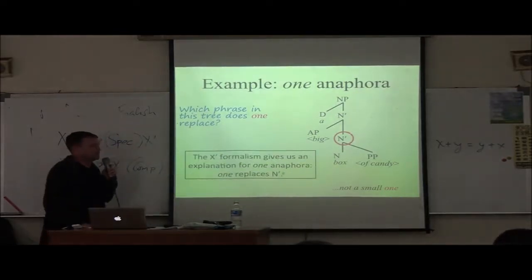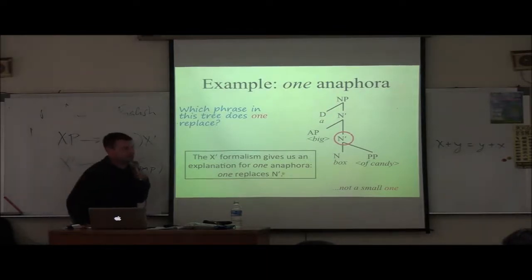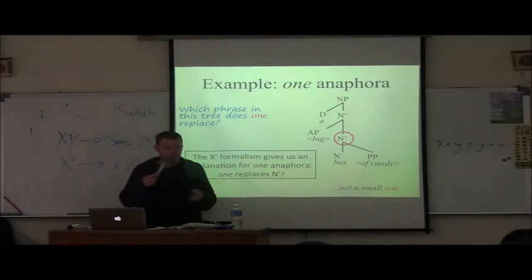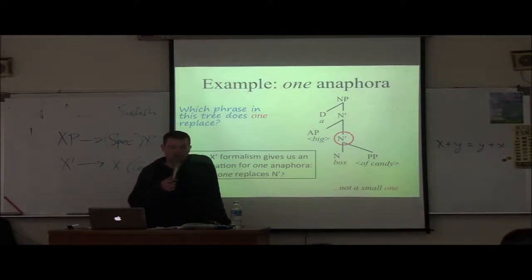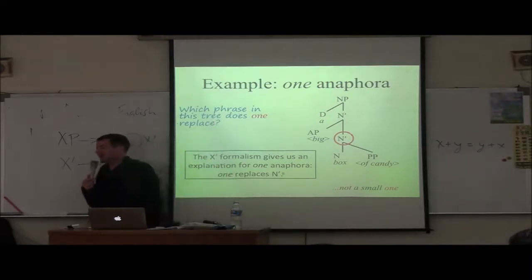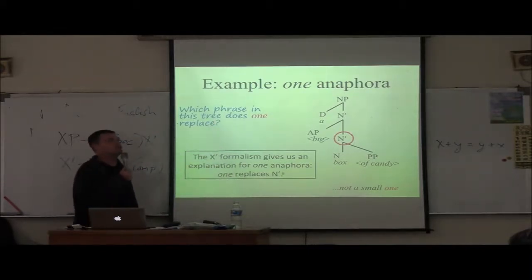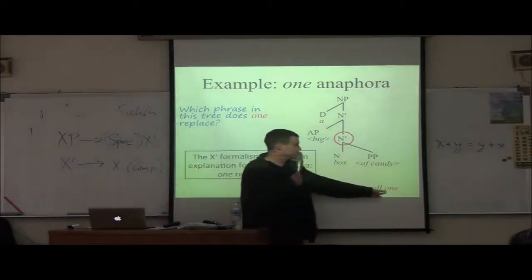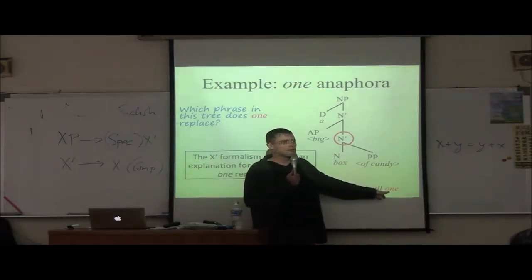So, the original question was, true or false, is X-bar theory better than traditional phrase structure rules because X-bar theory allows us to account for the behavior of particular types of anaphoric expressions? Answer, yeah, true, right? Especially this one, and some others.